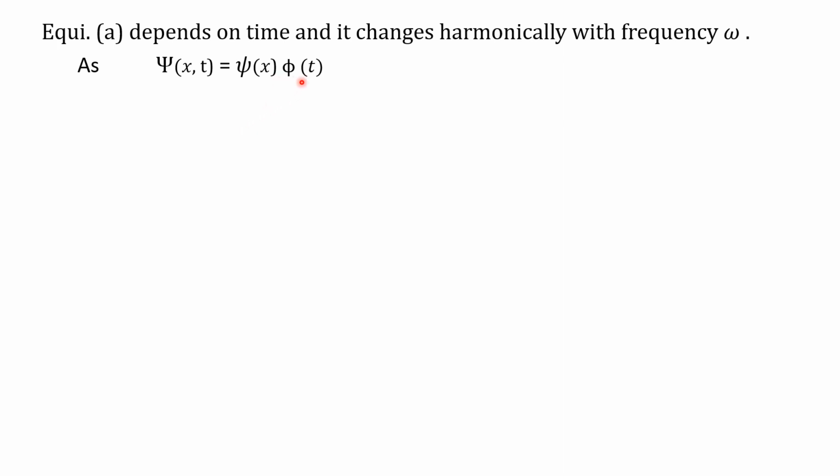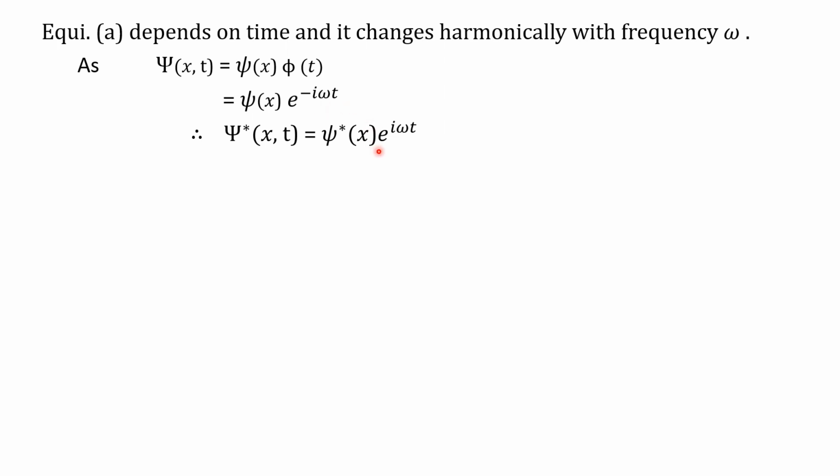And here we put the value of phi of t. This is the equation, small a: psi of x into exponential minus i omega t. Take the complex conjugate on both sides. Uppercase psi star of x,t is equal to psi star of x into exponential of minus i omega t star. i is the imaginary term. If we take its complex conjugate, minus i becomes i, or i becomes minus i.